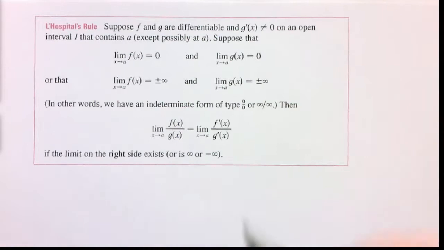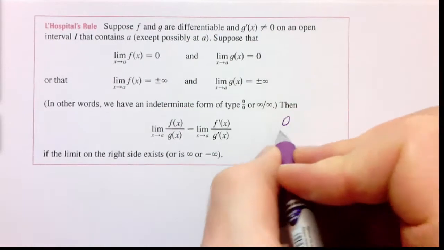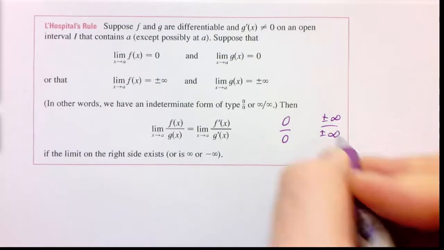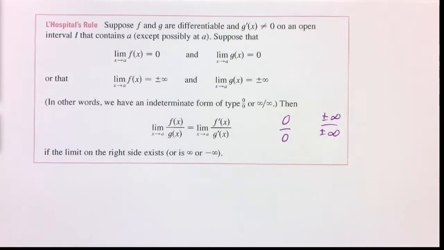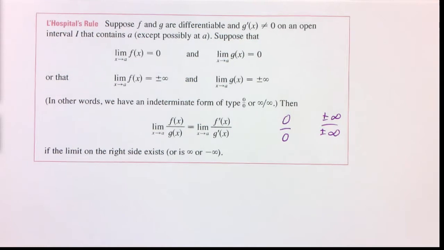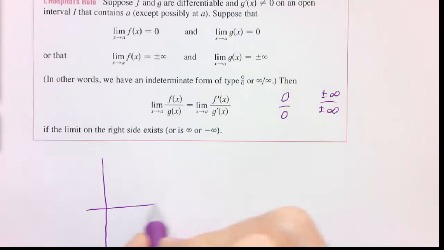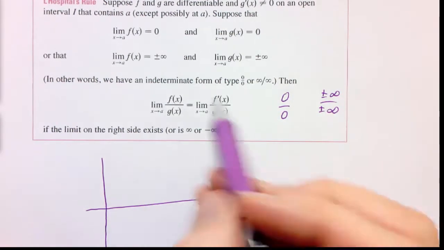This only works, caution here, if we're of the form 0 over 0, or plus or minus infinity divided by plus or minus infinity. If you don't have one of those forms and you try to do this, you'll frequently get a wrong result. Why does this work? Well, just a little bit of insight. Suppose I have the form 0 over 0.